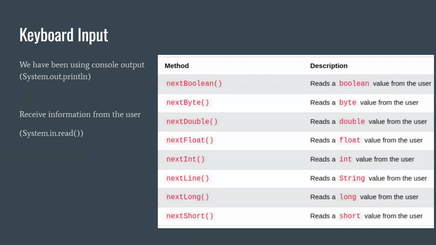You can not only give output, but you can also receive information from the user by using System.in.read. And there are a couple of methods that are useful if you want to read a value of a specific type from the user.